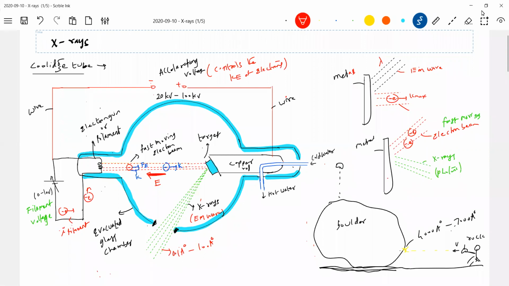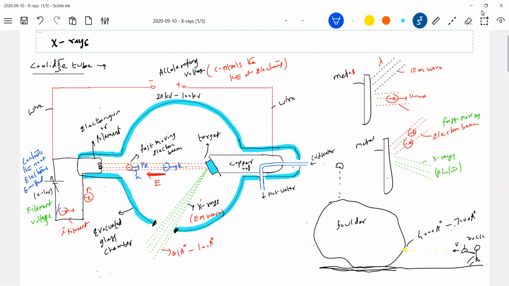Fine. What about the filament current? What does it do? It controls the number of electrons emitted.